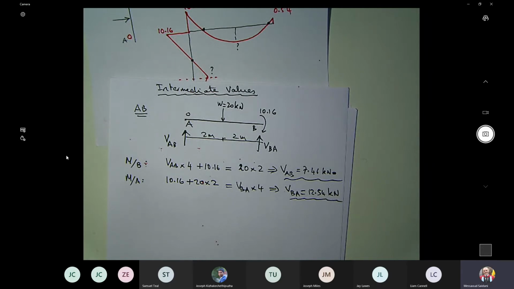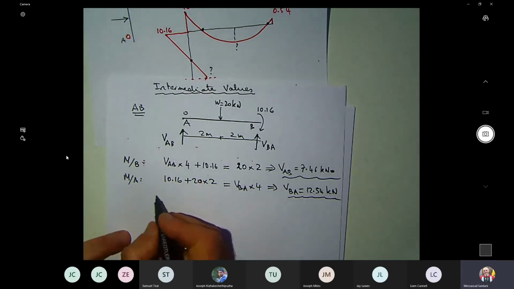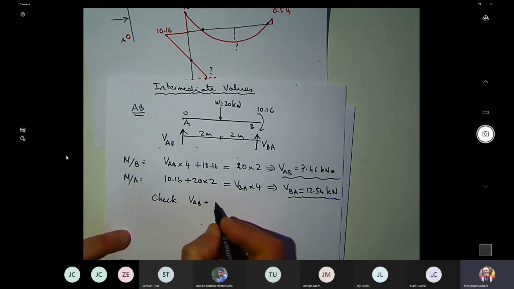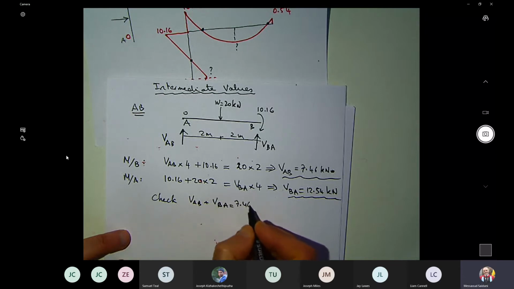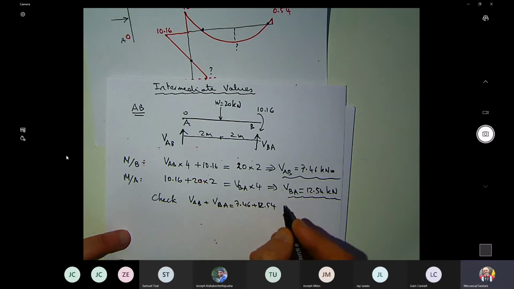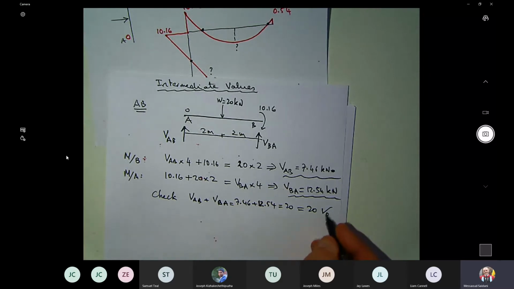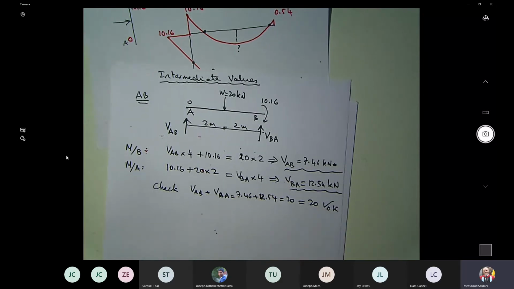You got that? Thank you. So how do I know if it's correct? Well, check. The two reactions, VAB and VBA, are 7.46 plus 12.54. If you add them up, it's 20, and this is equal to the 20 applied load. So therefore, it's correct.